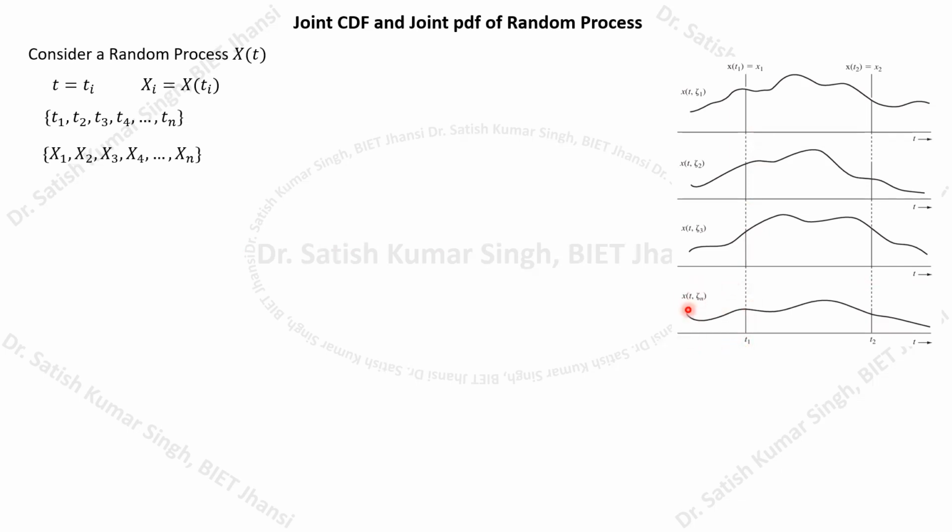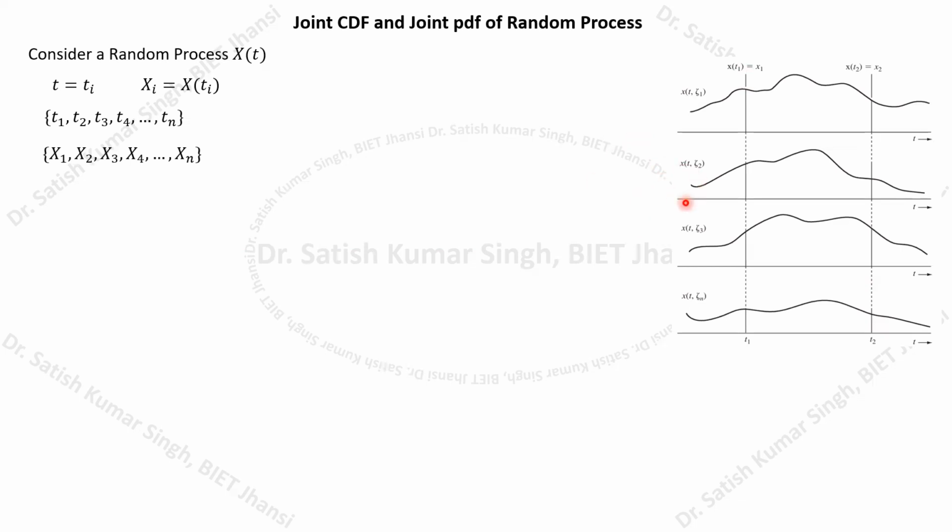Then whatever data we get at t equals t1 will come from all the sample functions, so the number of outcomes at this point, coming from the different sample functions, will be small n.